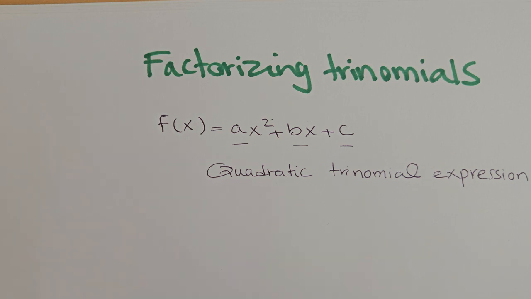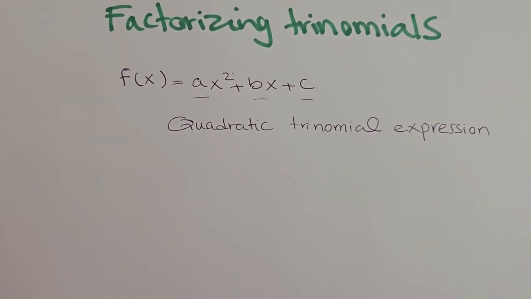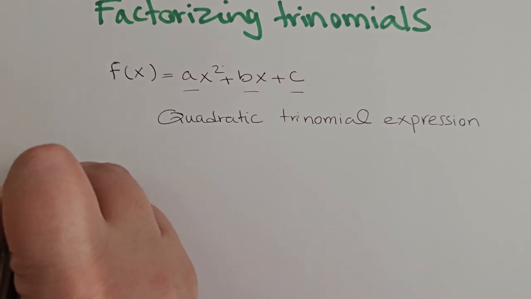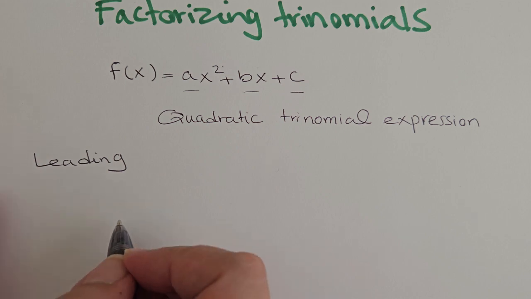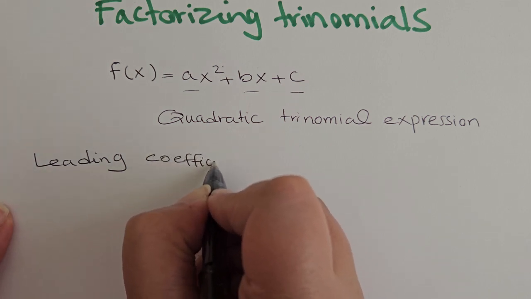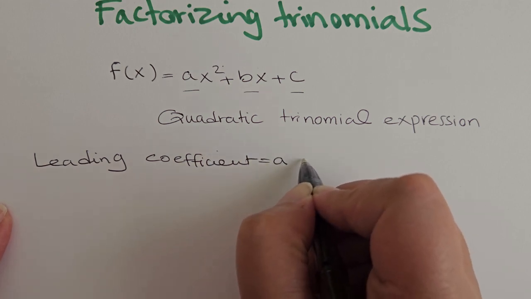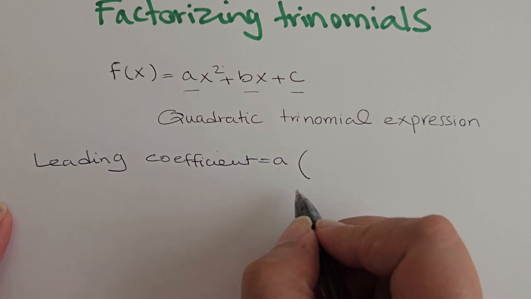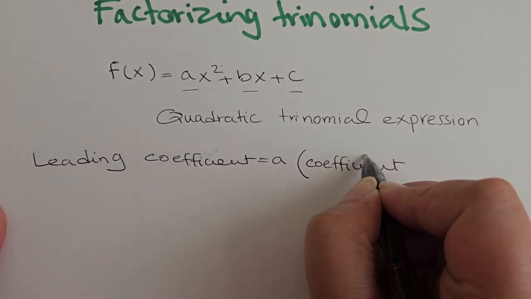Here let's talk about the leading coefficient. There is another term I want you to get familiar with, leading coefficient. Here, the leading coefficient is a, or in other words, the coefficient of x squared.